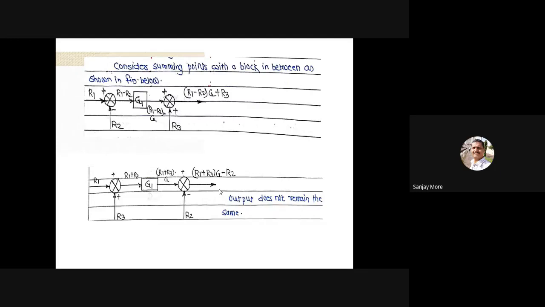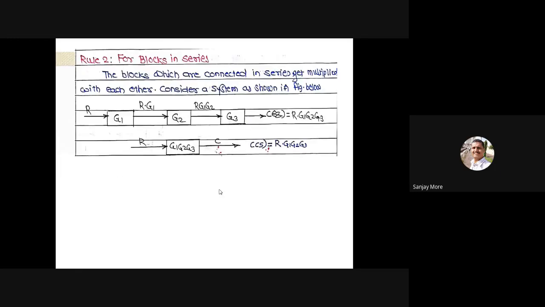Okay. Then the second rule is for blocks in series. Where blocks are connected in series in a block diagram, the input is multiplied with each block, meaning R into G1, R into G1 into G2, then R into G1 into G2 into G3, meaning output C of S is equal to R into G1, G2 and G3.